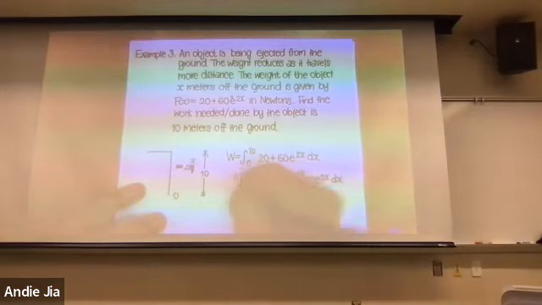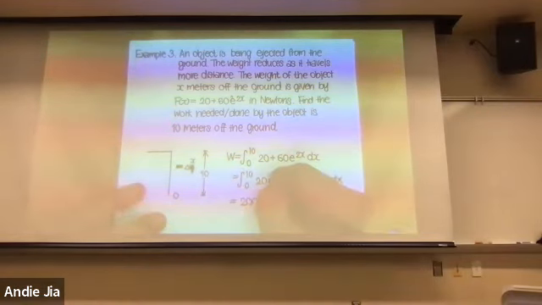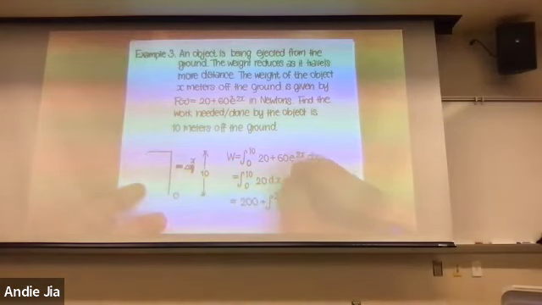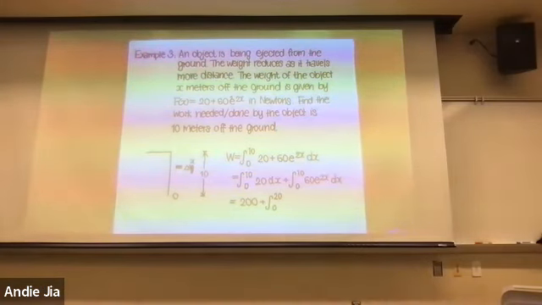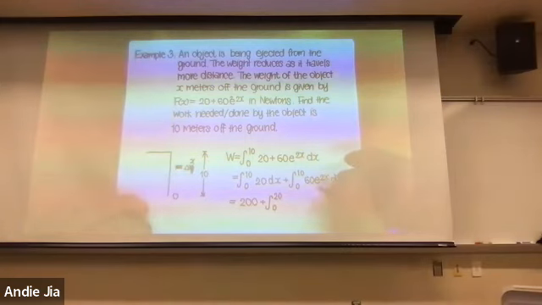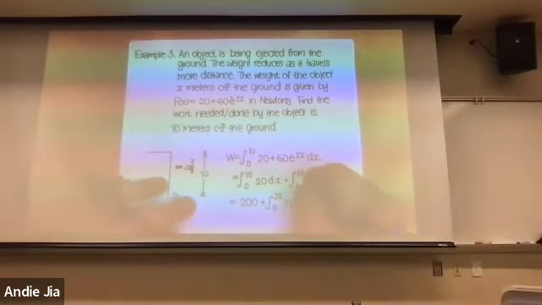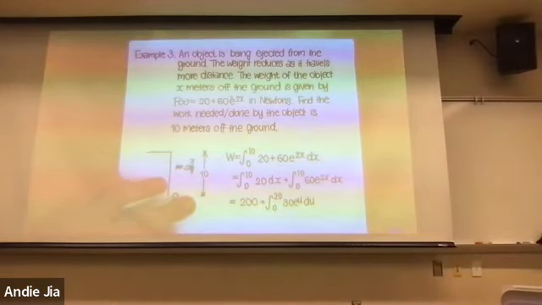So it's going to be 200 plus 30 du, and we do the u substitution, which gives 170 plus 30 e to the 20.